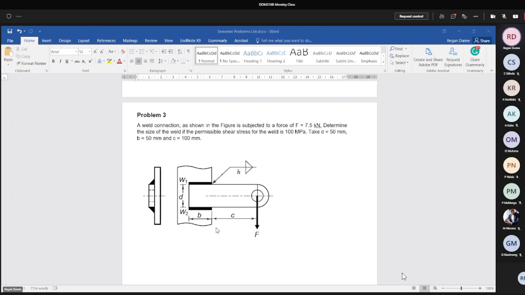Yes. All problems like this are torsional. Like I said, if you get twisting about the centroid, it's torsional.